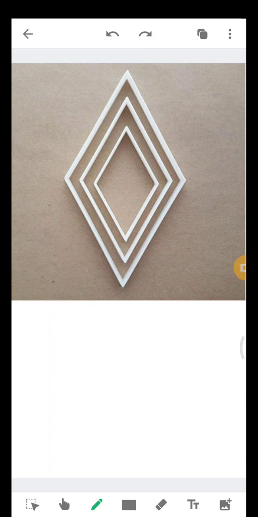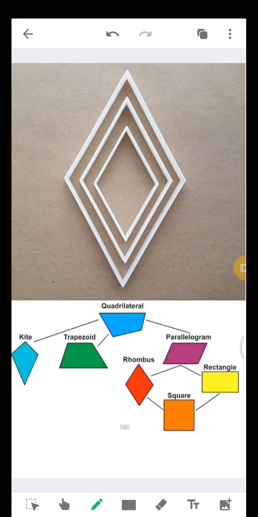Before we go for that, let's see the family members of the quadrilaterals. Quadrilateral is the name of a figure which has four sides. According to different properties, we have different types of quadrilaterals, like parallelograms. We will see the properties of each of these types.